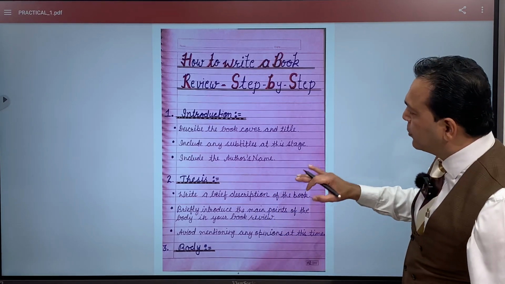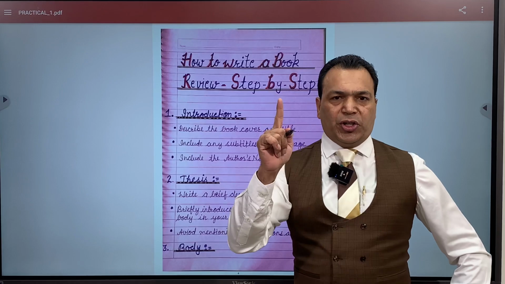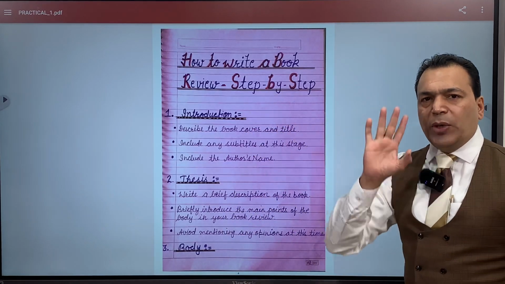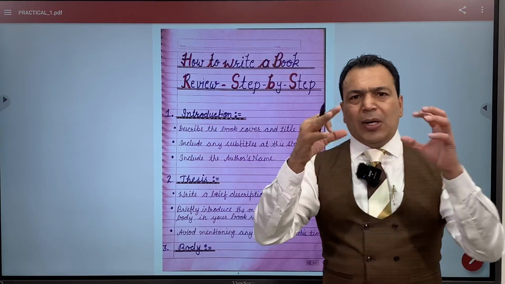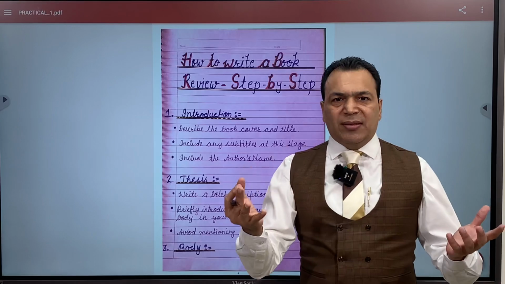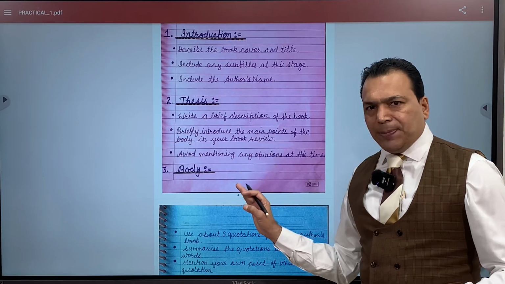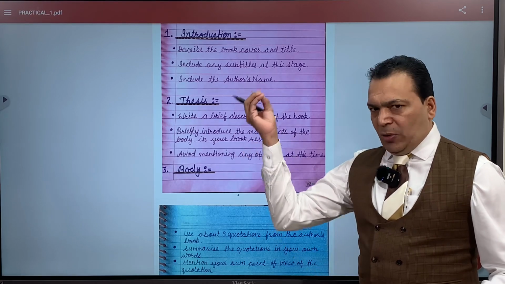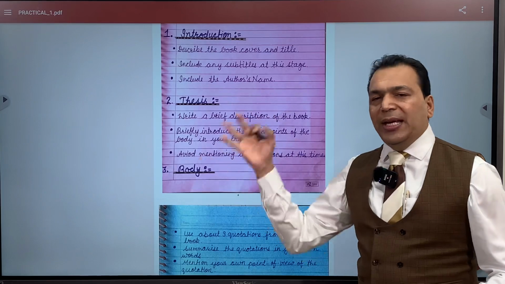That's why I'm telling you to make it by yourself. So what are the steps of the book review? Number one, introduction. Under the introduction, you have to talk about the book cover, how the cover of the book was, and about the author's name. Second is thesis. These are the steps. After that, we will see which book this person has chosen and how he has written.